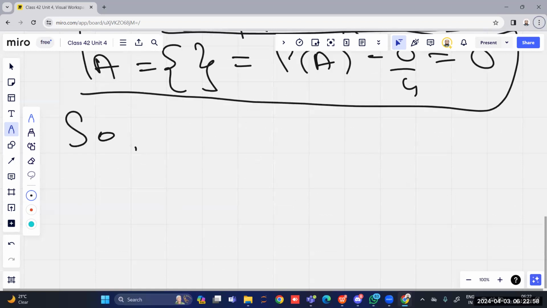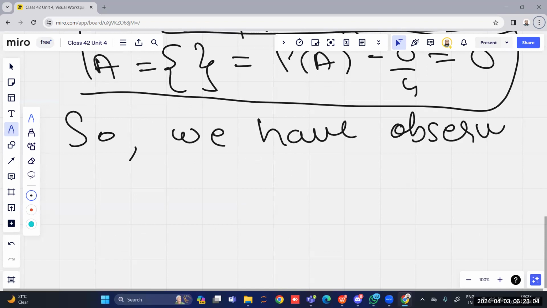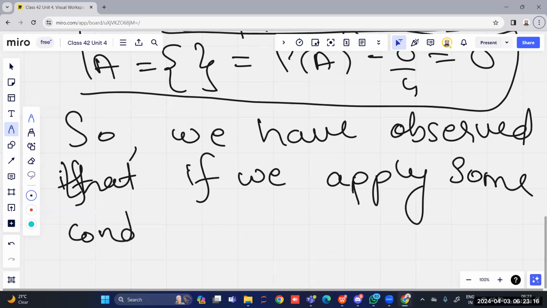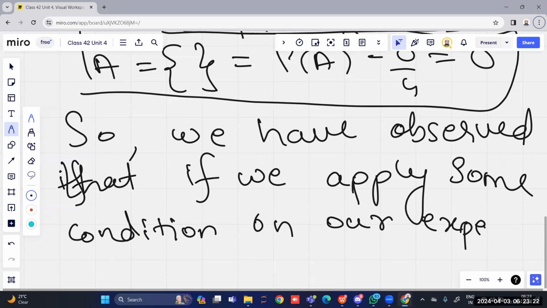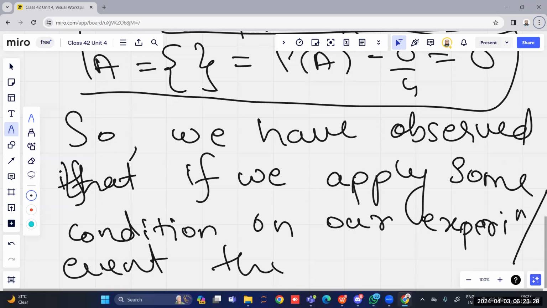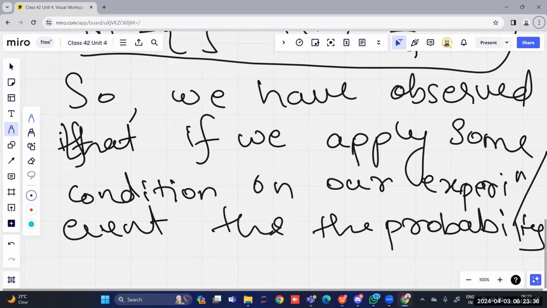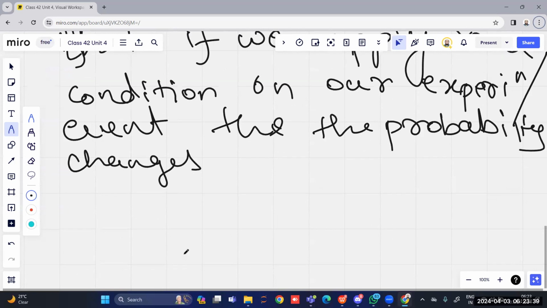So what we have observed is that if we apply some condition on our experiment or the event, then the probability value changes.